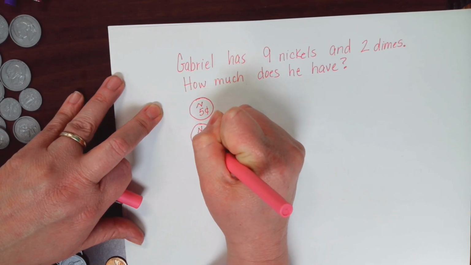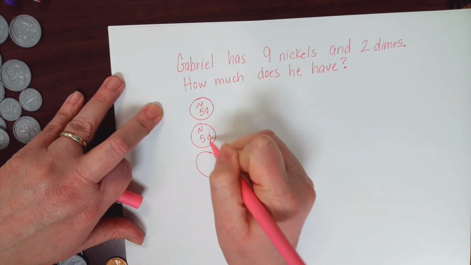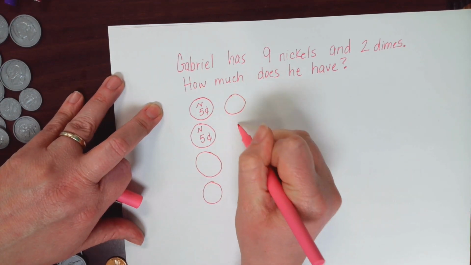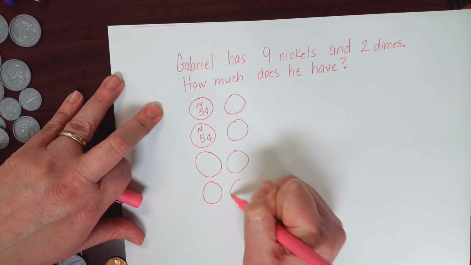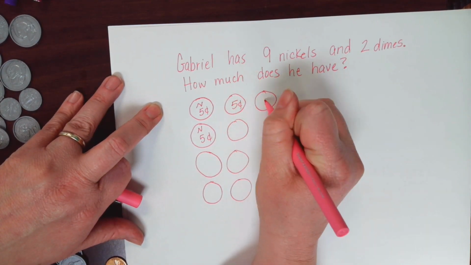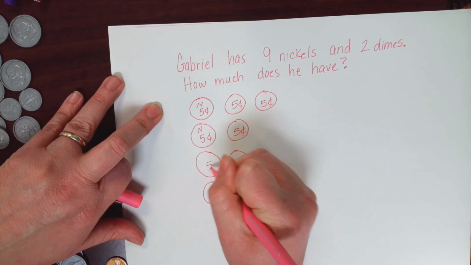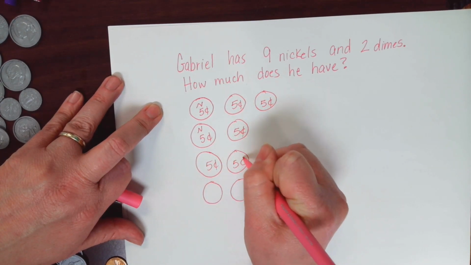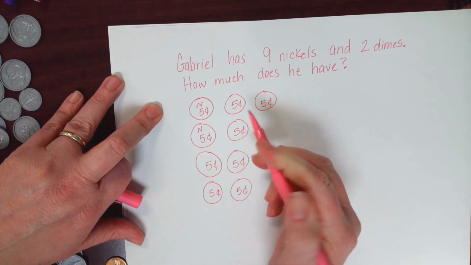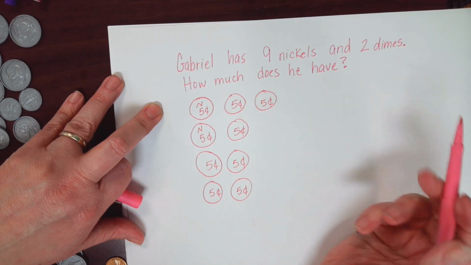Nickels, 5 cents, and he has 9 of these. 1, 2, 3, 4, 5, 6, 7, 8, 9. I'm going to put 5 cents in each one of these because these are all nickels. So I know that's 9 nickels. Let's double count our work. 1, 2, 3, 4, 5, 6, 7, 8, 9.